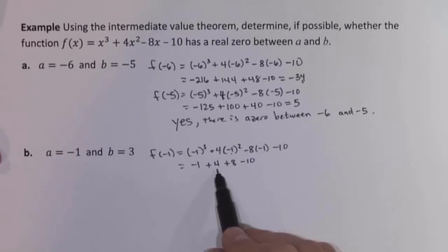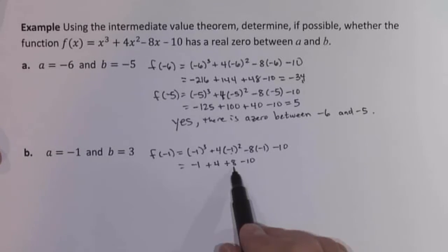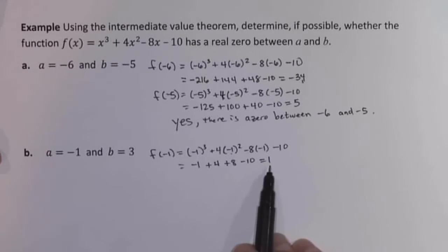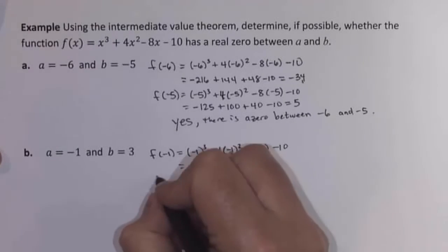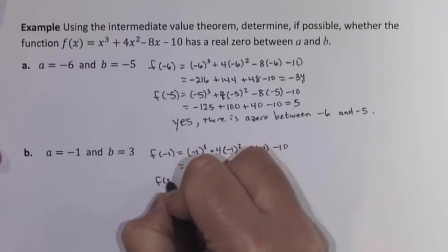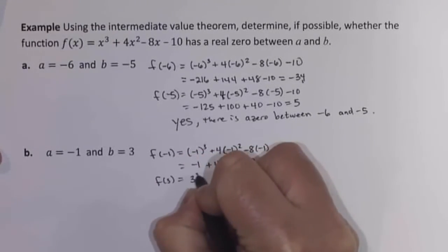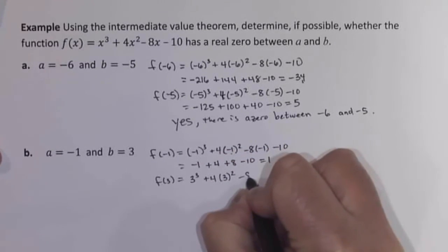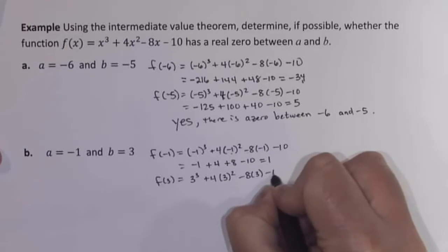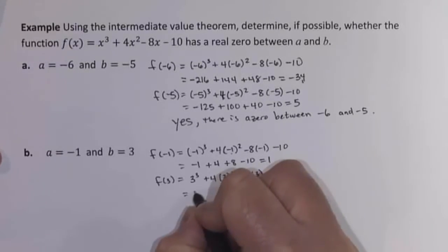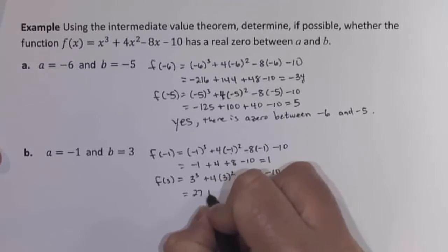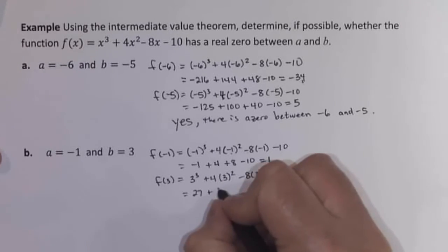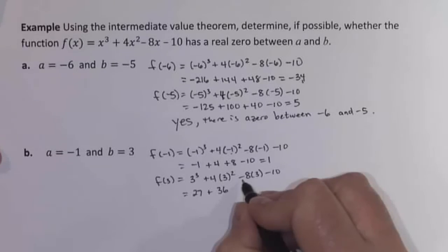So negative 1 plus 4 is 3. 3 plus 8 is 11. 11 minus 10 is 1. F of negative 1 is 1, which is positive. If we find f of 3, that's going to be 3 cubed plus 4 times 3 squared minus 8 times 3 minus 10. 3 cubed is 27, plus 3 squared is 9, times 4 is 36.